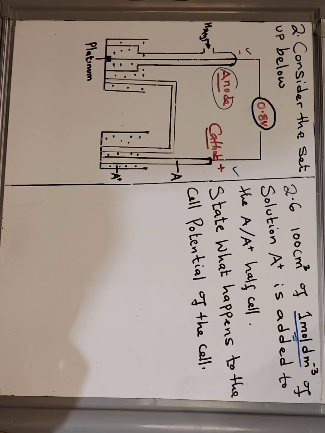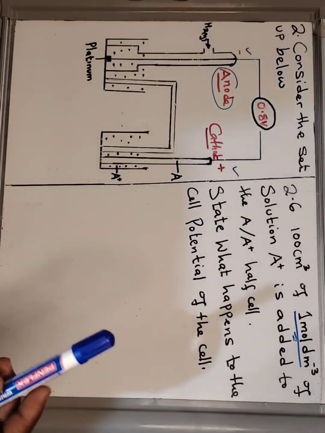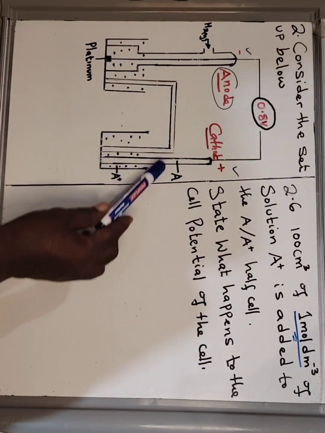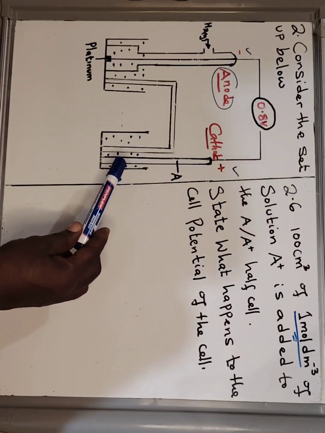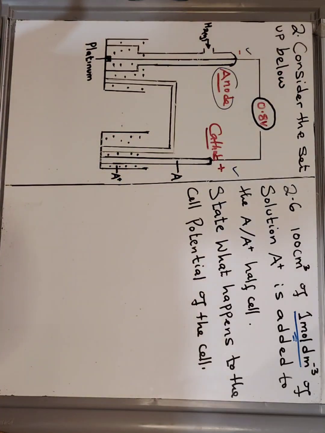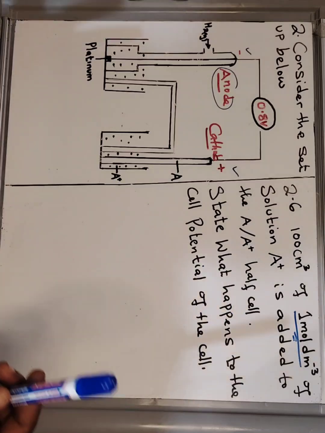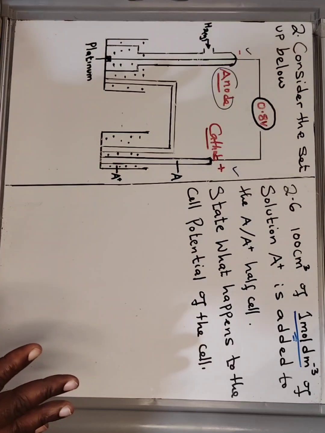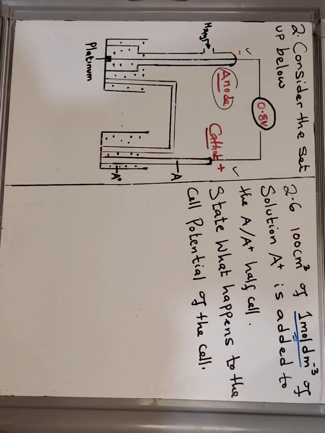What is the implication of that? The implication is very simple, that you are adding the same concentration to this half cell, the concentration which it has. Now, the question would be, what are you doing to the concentration? Obviously, you're not changing anything. The concentration remains 1 mole per cubic decimeter. The only thing you are changing is volume. And we don't have anywhere where volume is having an effect on the cell potential.